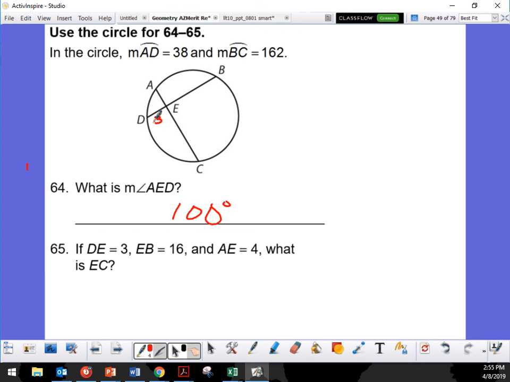Okay, so DE is 3. EB is 16. AE is 4. What is EC? Now, when they're crossing like this, we're actually talking about the chords and not the arcs.